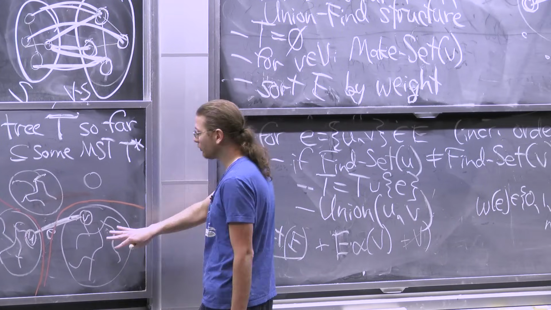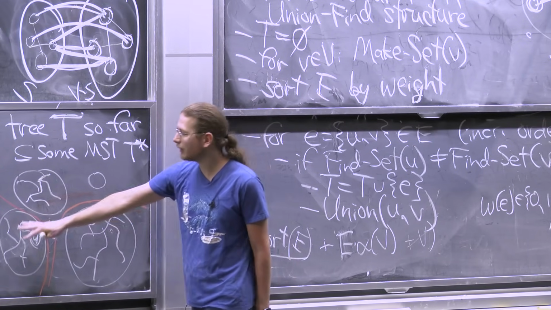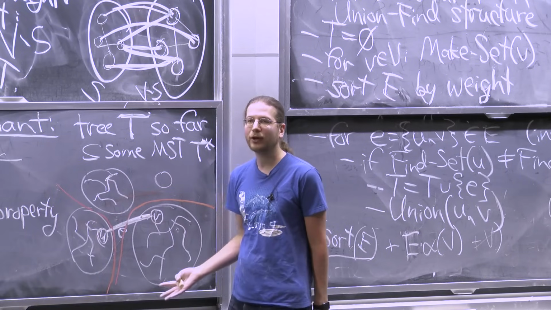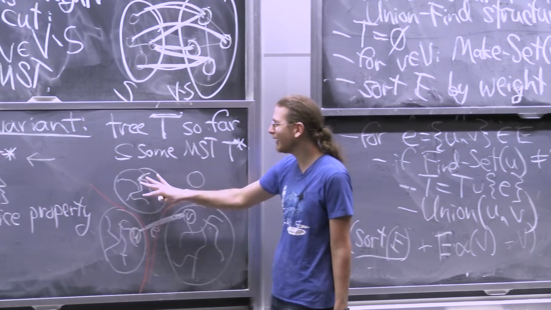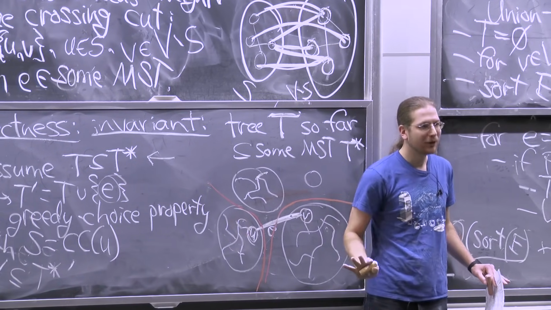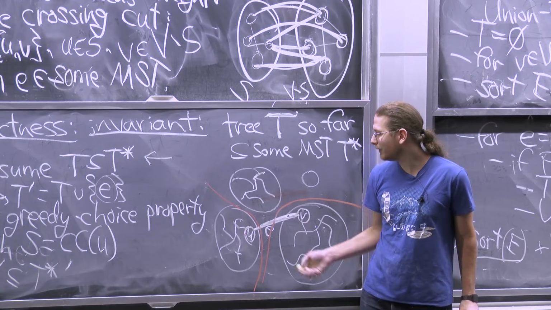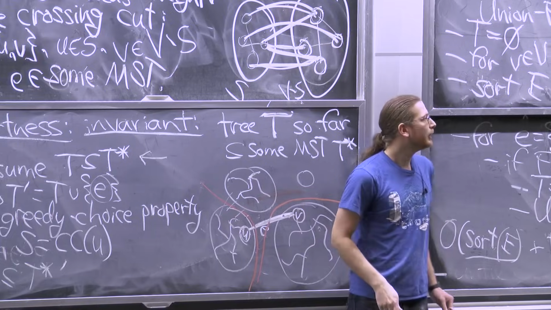Some of them are in the tree. The edges that are in T, those obviously don't cross the cut. That's how we designed the cut. The cut was designed not to separate any of these connected components. So all the edges that we've added to T, those are OK.